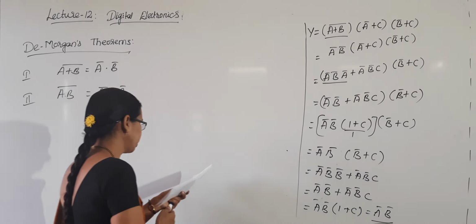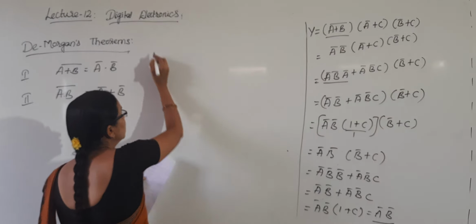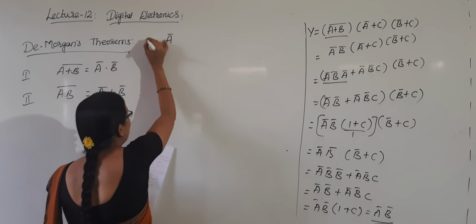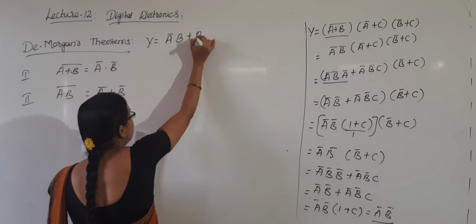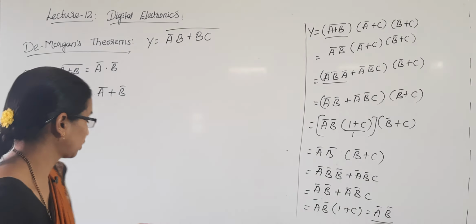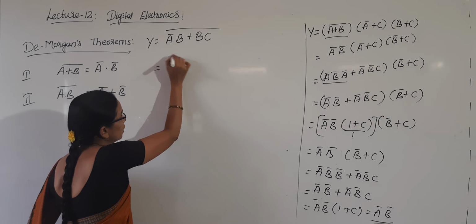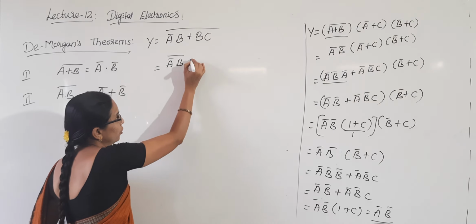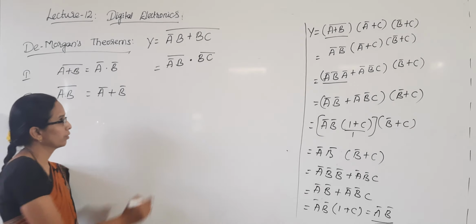Next one. I have written it twice. Y is equal to A bar B plus BC whole bar. In this, A bar B whole bar dot BC whole bar.